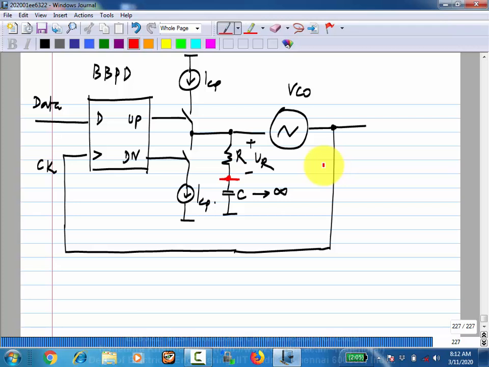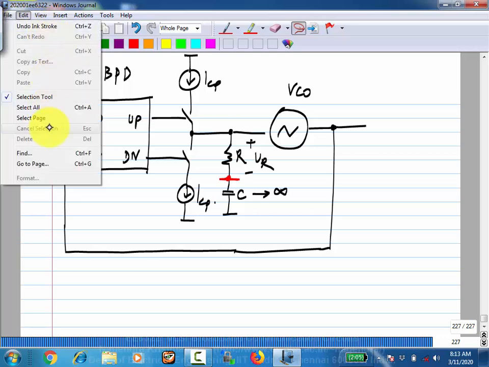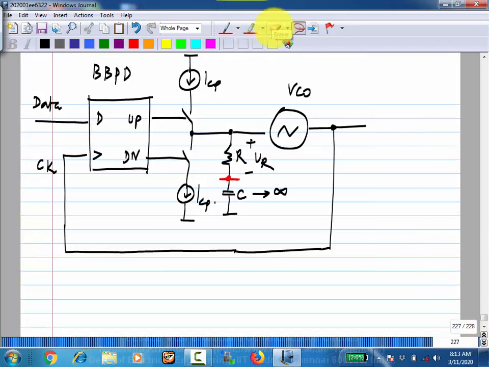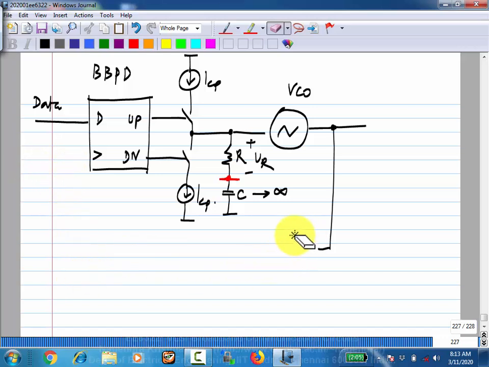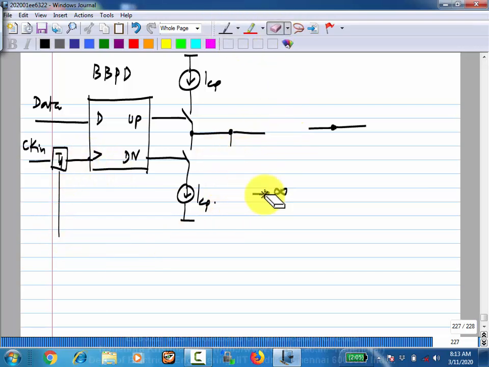Now the exact same analysis applies if we were looking at the clock and data recovery with a forwarded clock. In this case, we'll have only the capacitor.